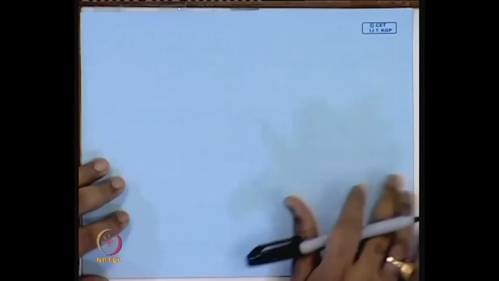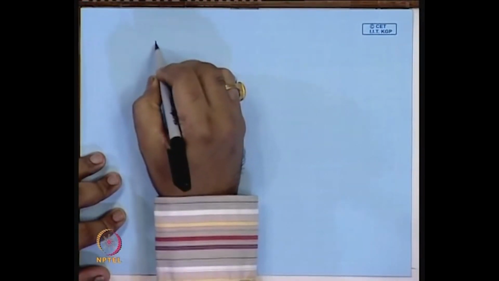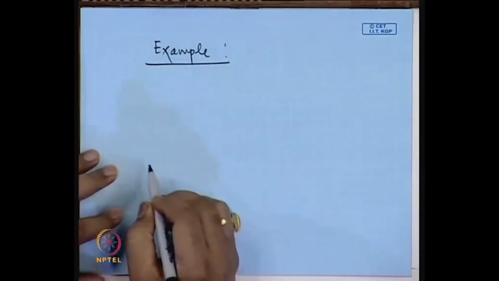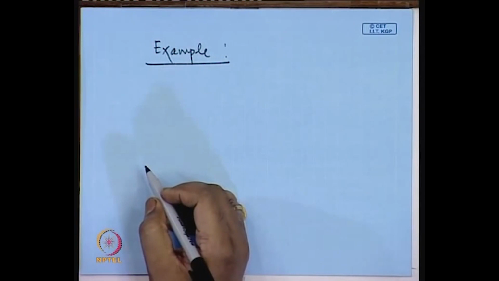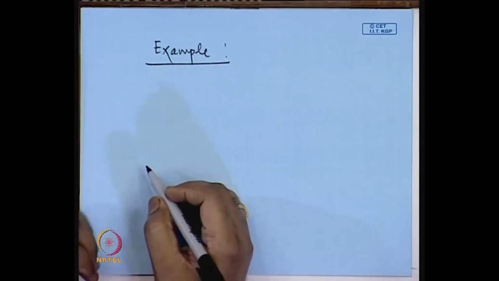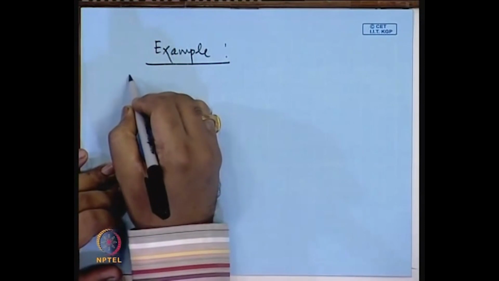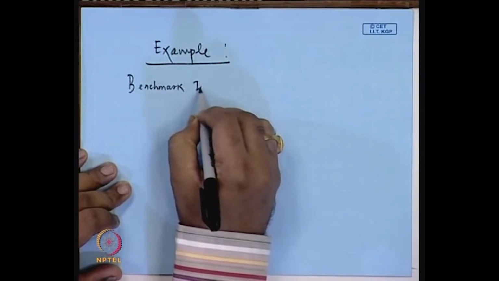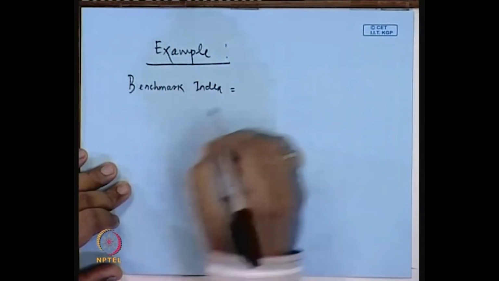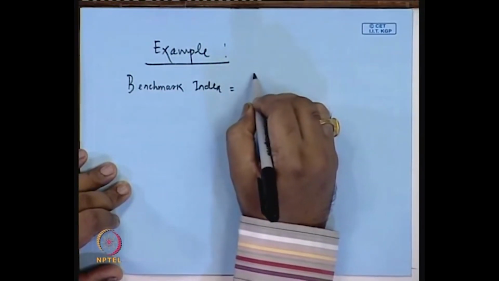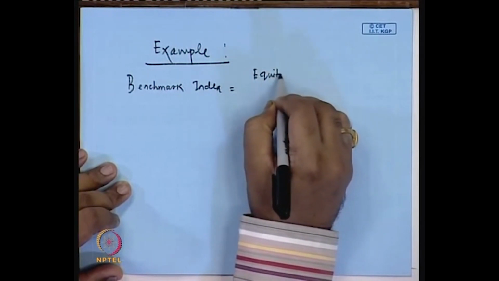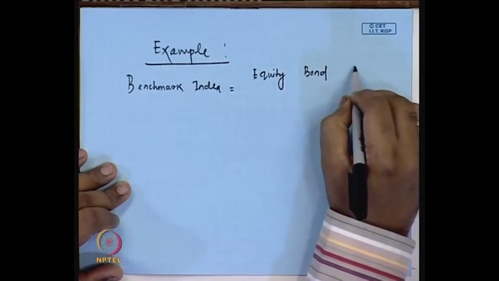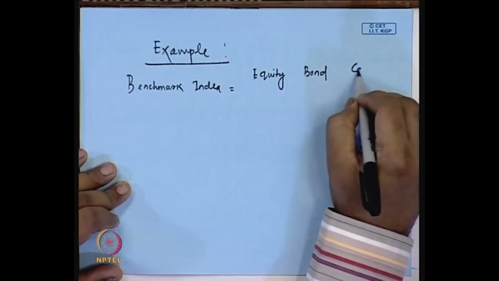Let us say we have a benchmark index. We should take one example to explain this. What is that example? Let we have a benchmark index where the weightage has been given in this way. Let we have assets like equity, bond, and then the risk-free assets, or we can write cash.